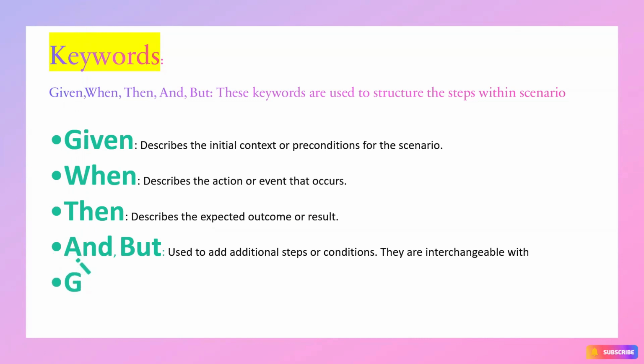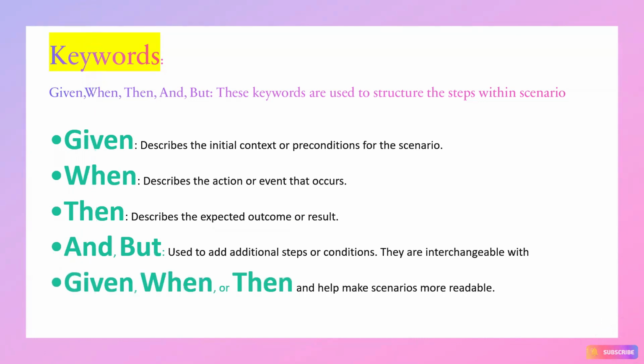Okay. So these are interchangeable. We'll talk about and, but later soon. And next one. Given, when, then, which helps make scenarios more readable. So when you're using these given, when, then keywords, it is easier for users to understand what exactly you want to represent or write in the scenario.